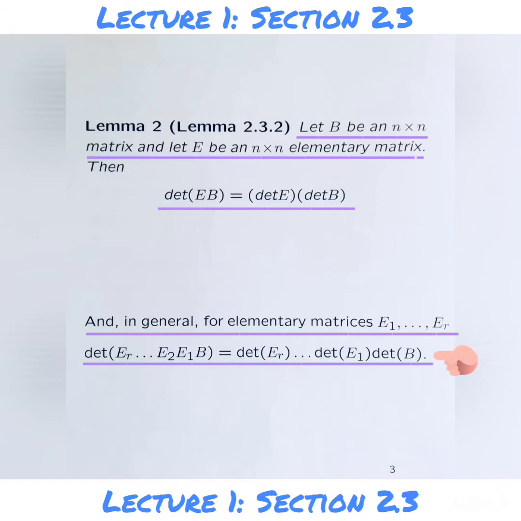So let's quickly investigate why the determinant behaves this way, because that will enable us to prove one of the main properties of a determinant. All right, so let's check why the determinant distributes over a product between an elementary matrix and another matrix.